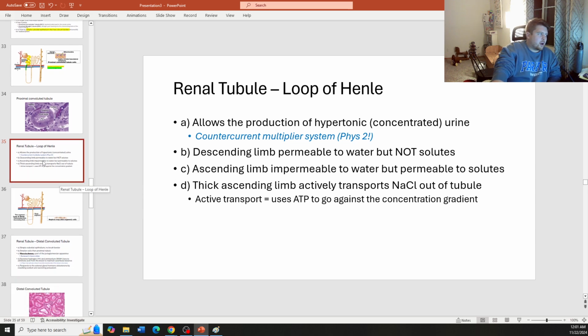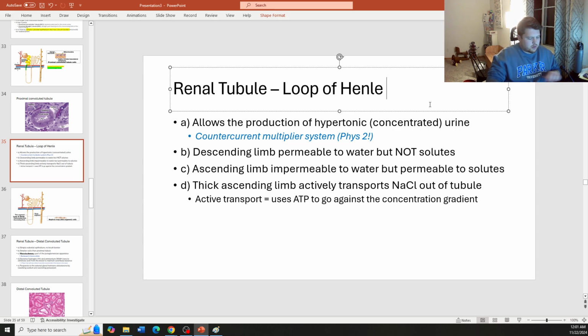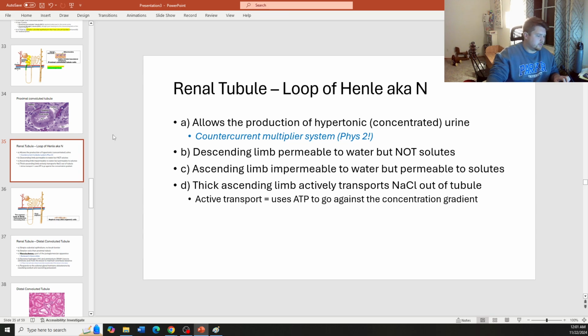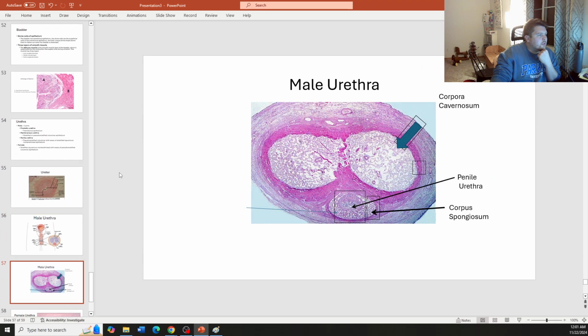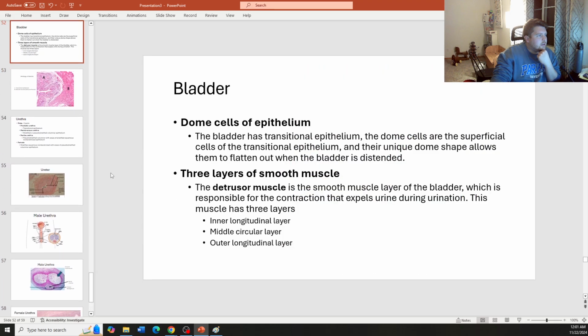After the proximal tubule, because it's the straight part, it runs into the loop of Henle. There's a picture that uses a different word.